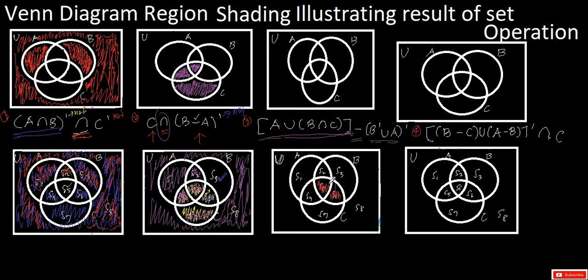These are the intersection of set B and set C. So we are going to take its union with set A. We're going to shade all the regions of set A: S sub 1, S sub 2, then S sub 4, and S sub 5, which has been shaded already. So the red shading is the result of this operation.